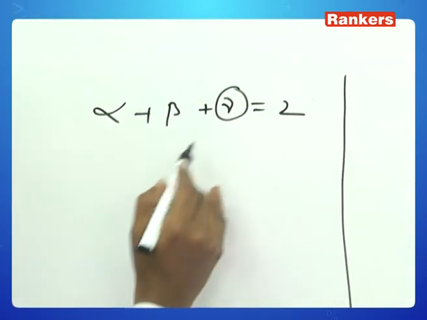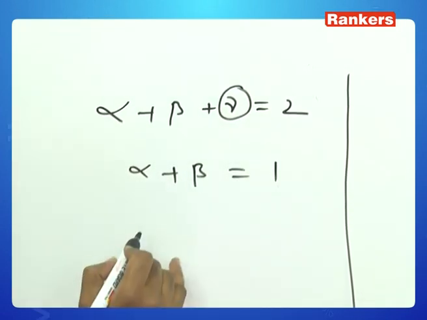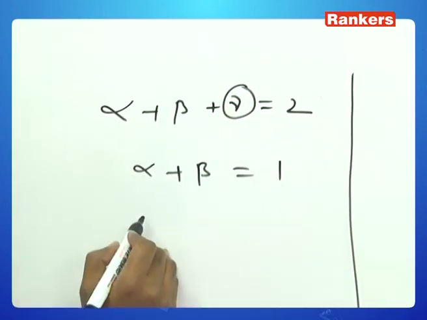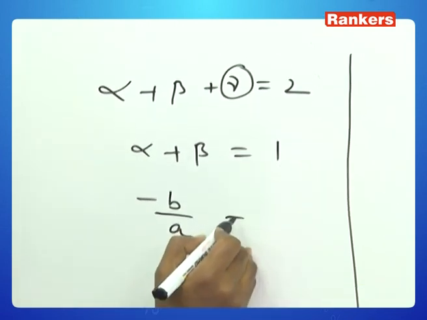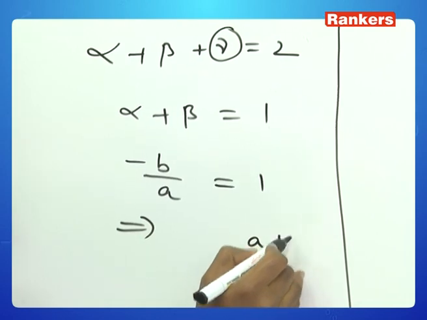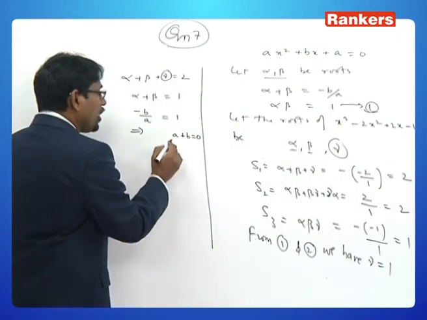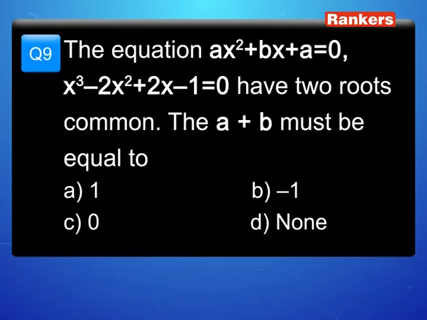Gamma is already found to be 1, so alpha plus beta must be equal to 1. That gives me minus b by a equal to 1, which gives me a plus b equal to 0. So the value for a plus b is 0. So the answer for this question will be C.